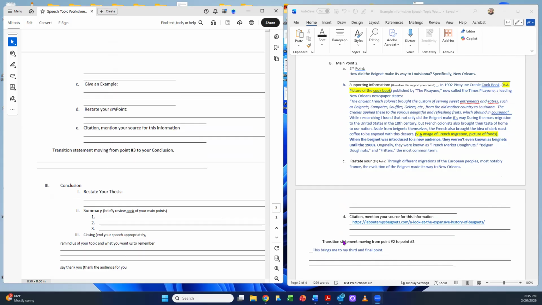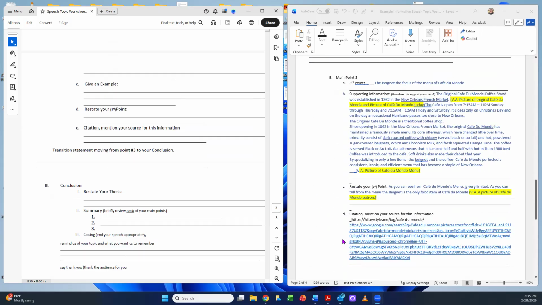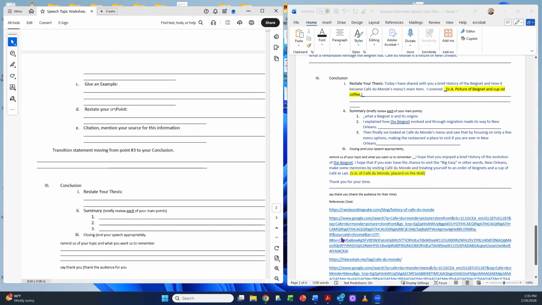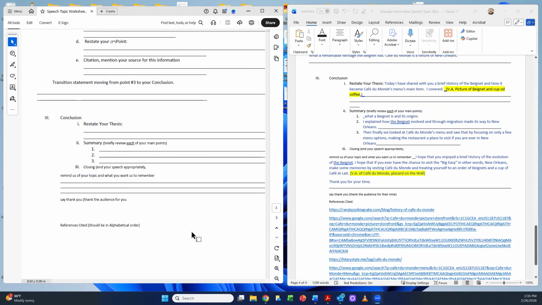Okay, let's move on to our conclusion after main point three. In the conclusion, once again, we restate the thesis statement, or we bring up what our main topic is. We have a summary, a brief review of the main points and maybe some of the supporting information there.